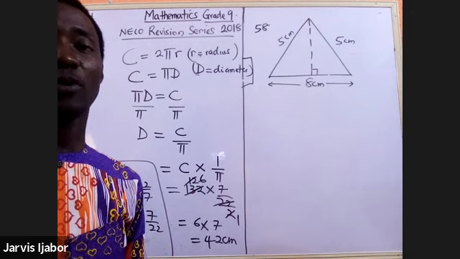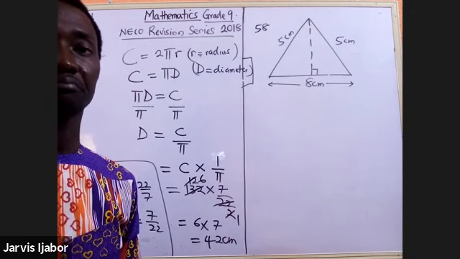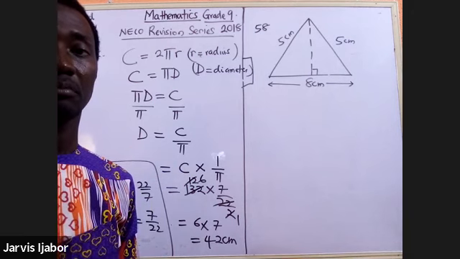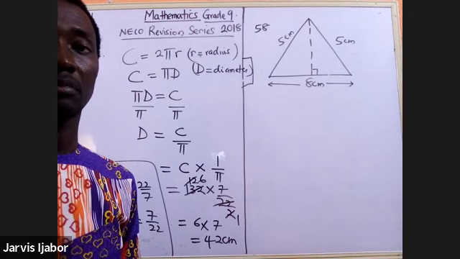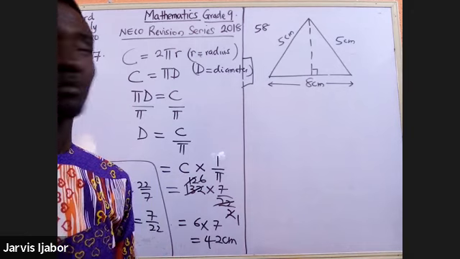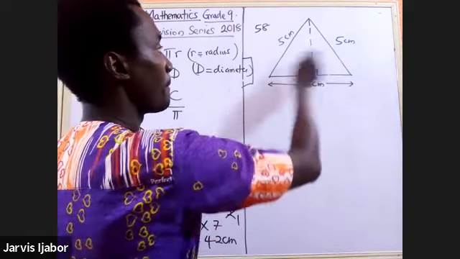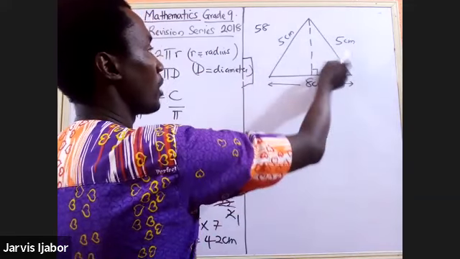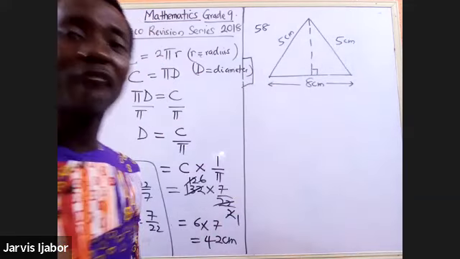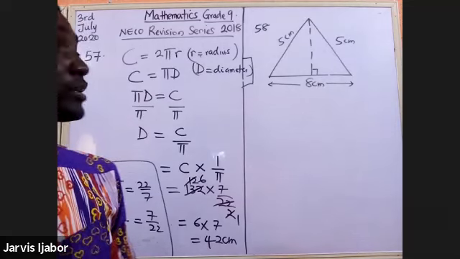What type of triangle? A triangle where you have two sides equal. What kind of triangle is that?